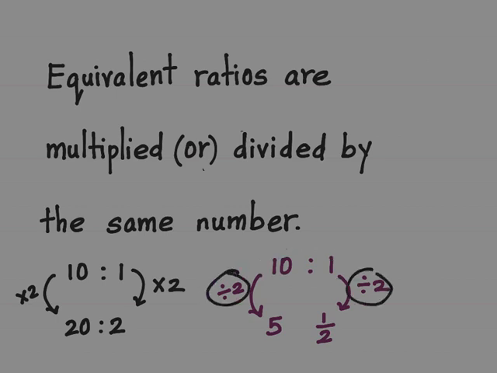When we divide 10 by 2, we get 5, and when we divide 1 by 2, we get a half. So that is how we got the ratio 5:1/2. If the ratios are not multiplied or divided by the same number, then it is not an equivalent ratio.